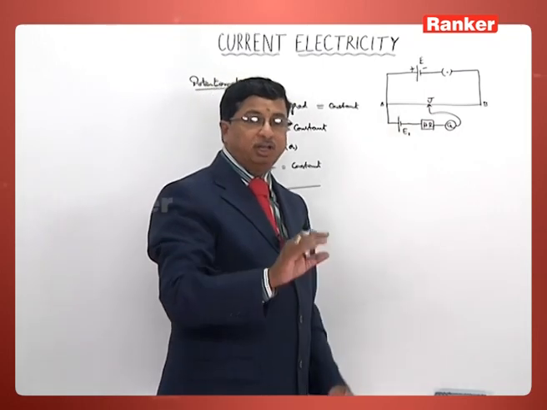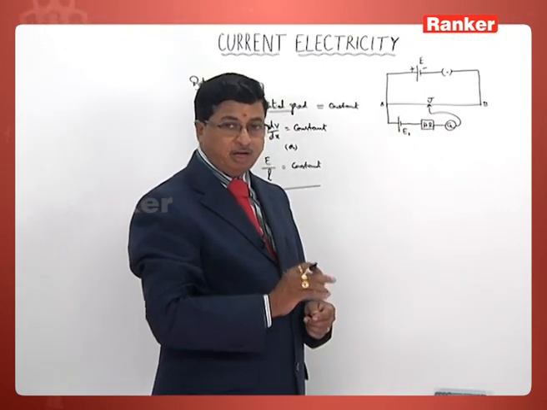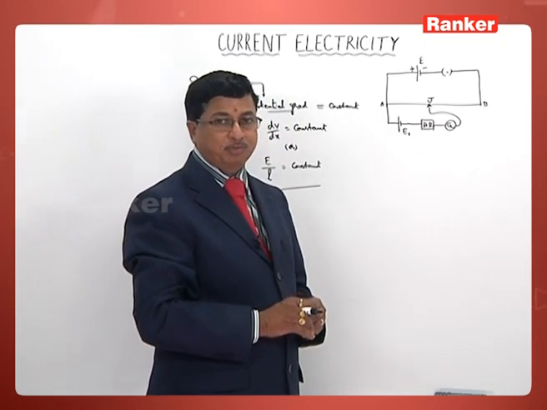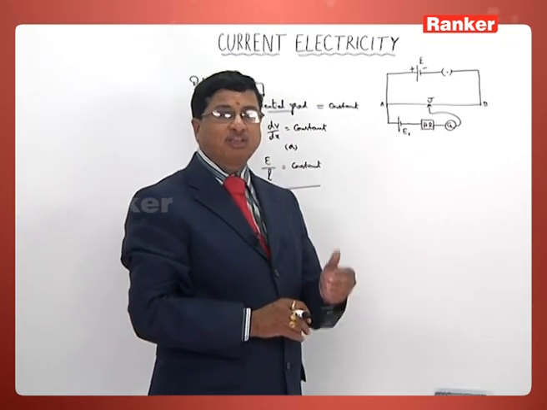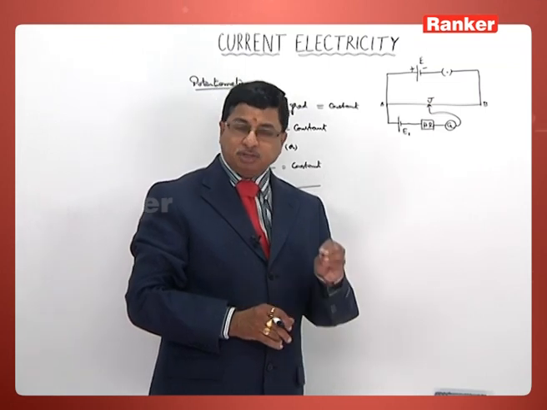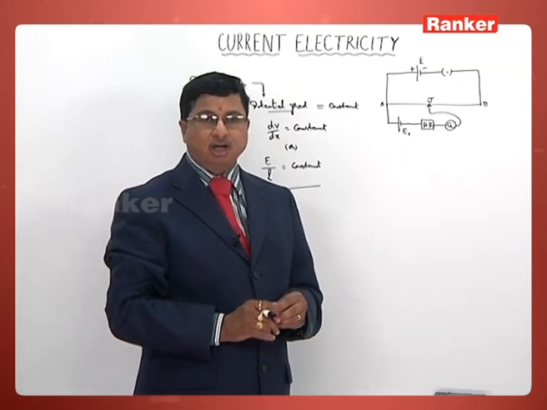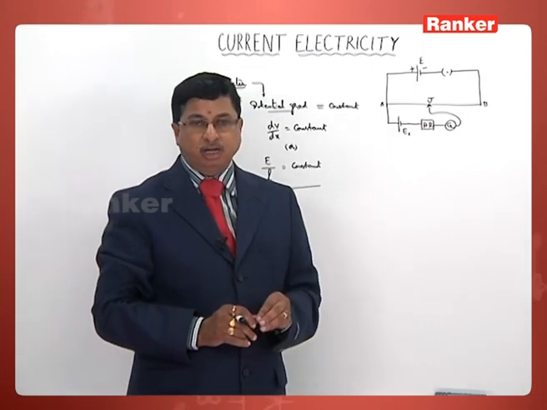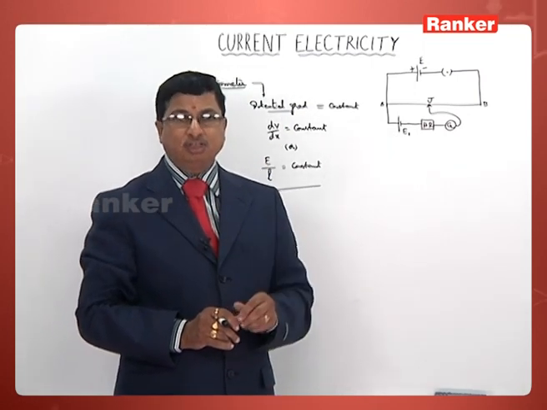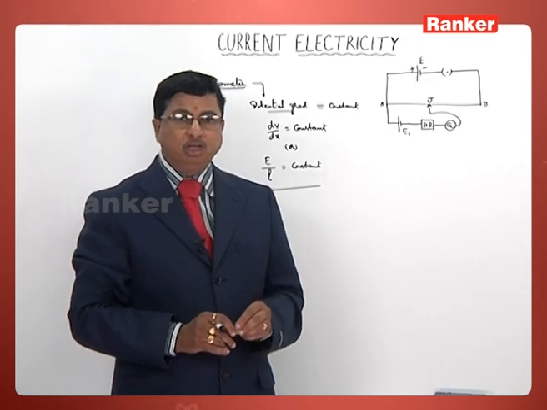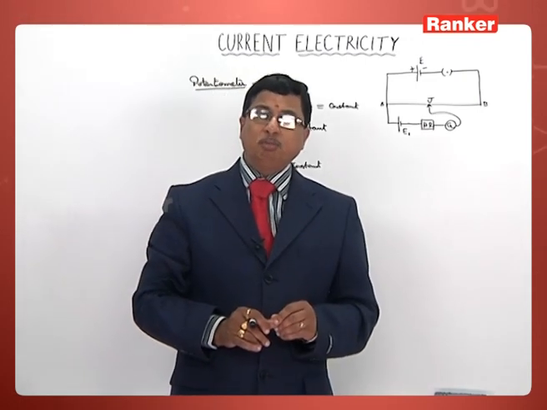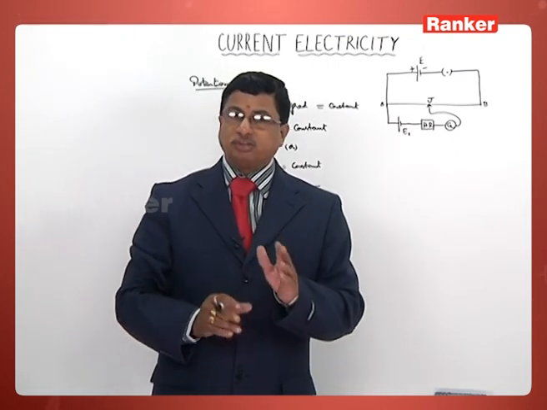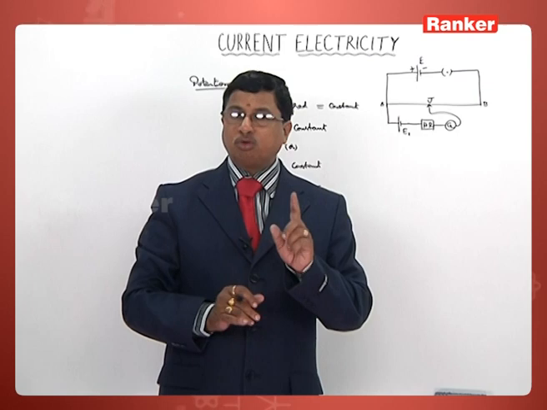The potentiometer will never extract current from the cell connected in the secondary circuit. When the potentiometer is not extracting current from the cell in the secondary, automatically the EMF of that cell can be determined with utmost accuracy. So definitely the potentiometer is much more accurate than a voltmeter. So this is one theoretical aspect one should remember.